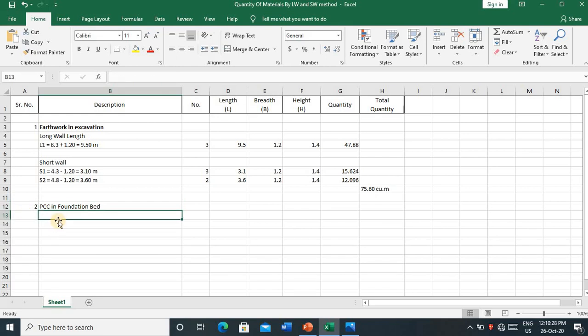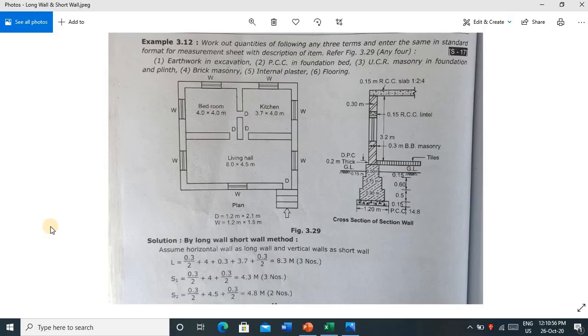Again, long wall length will be L1 equal to, what was the length of long wall? 8.30 plus what is the width of item?